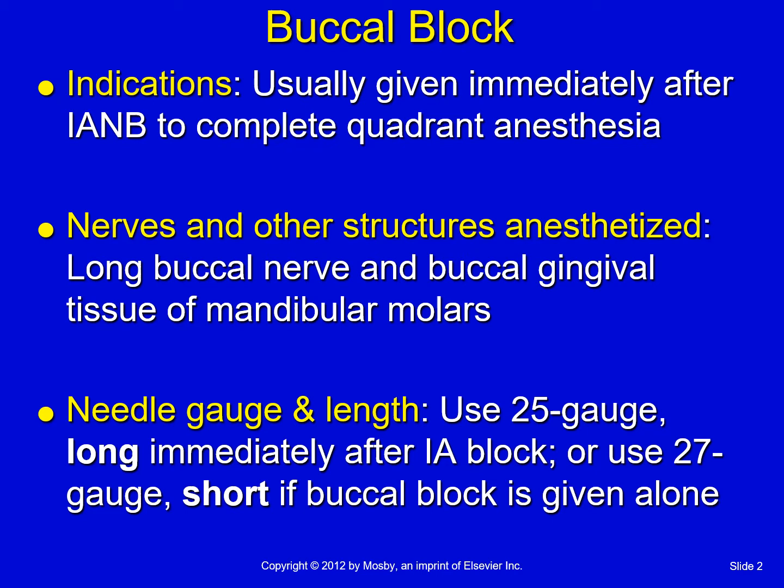You could just give a buccal block by itself and get that soft tissue, in which case you could go ahead and use a short. You actually have a little more control, I think, over your syringe when you use a short, but this long is just usually given when you're doing a quadrant and you finish it off. You can just use the long needle.